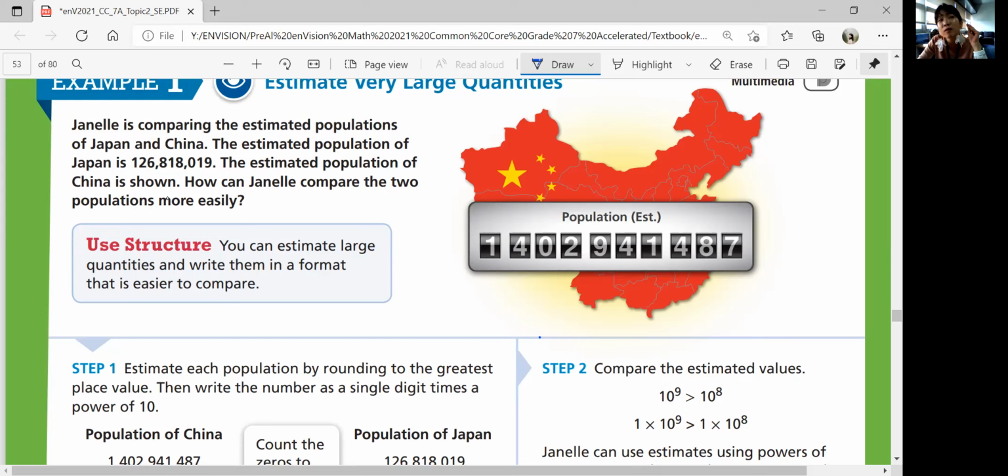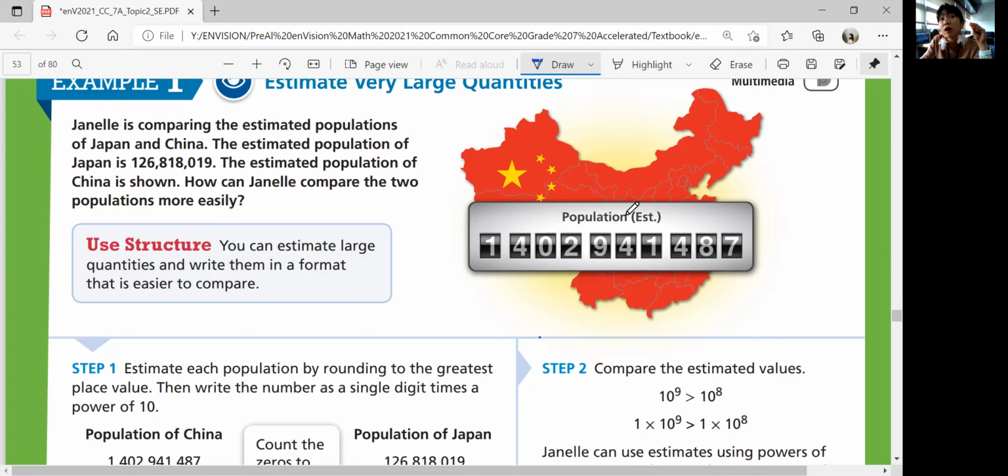Okay, so how many zeros do you have for Japan? 1, 2, 3, 4, 5, 6, 7, 8 zeros if you round it down to 100 million for Japan, right? Population for China, you have 1,402,941,487. So you're going to round down to 1 billion.